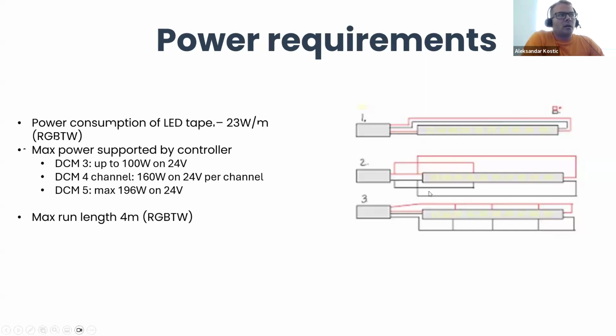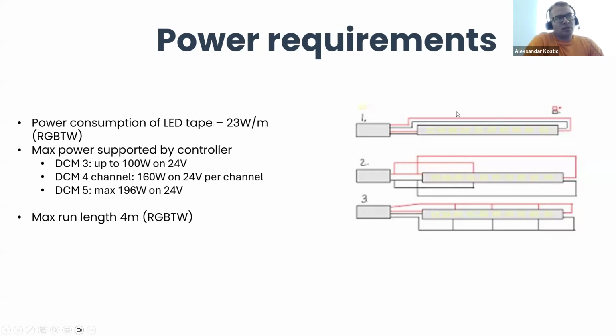Also, you can bring the power supply in the middle and at the end, or in many segments on the tape itself. It is just important that no part of the LED tape is further than 4 meters from the closest power supply.